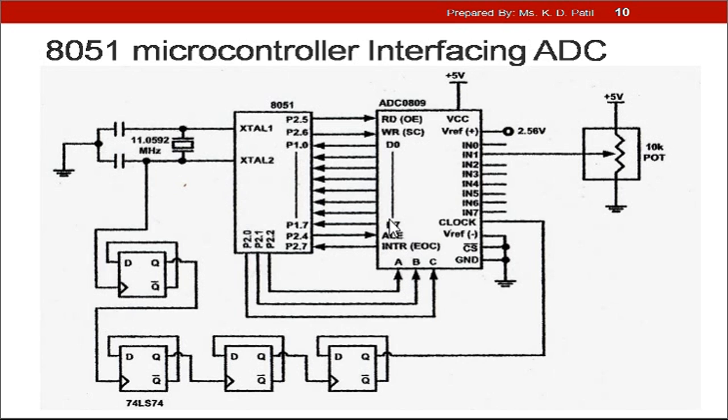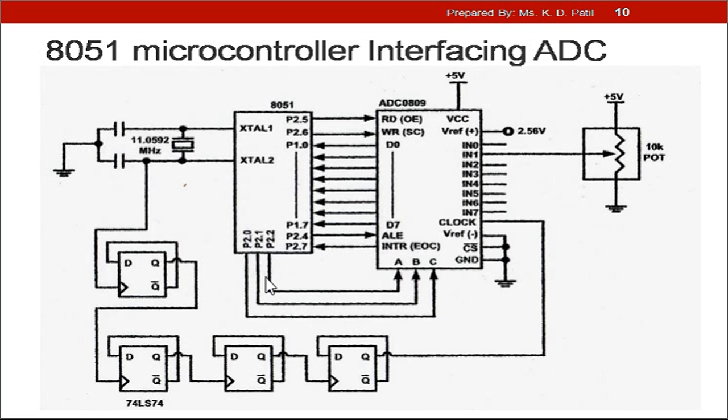After that, the digital output lines of ADC from D0 to D7 are interfaced with port 1 of the 8051 microcontroller. D0 is interfaced with P1.0 and D7 is interfaced with P1.7, and in between, lines D1, D2, D3 are interfaced with P1.1, P1.2 and so on.